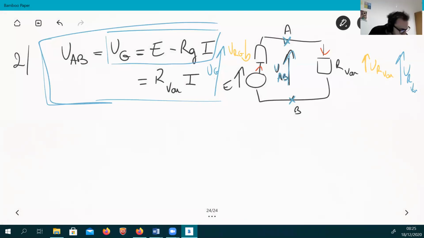Okay. So now you move to the next graph, which is again the same questions. We ask you, what about the characteristic of a voltage generator? The only right answer is, of course, figure 3. And then you can get from the curve of figure 3 the typical parameters of your voltage generator, which are the E and the RG value.